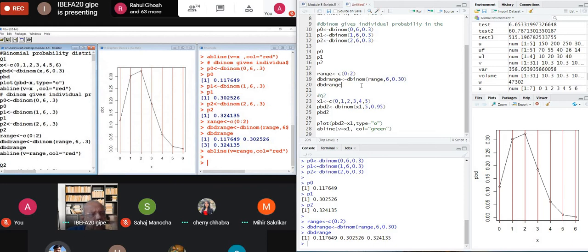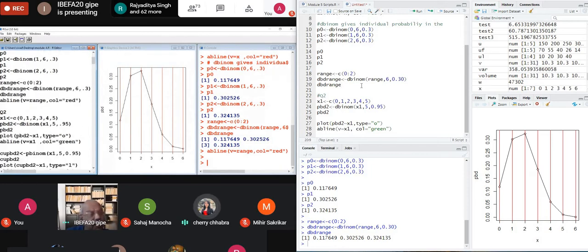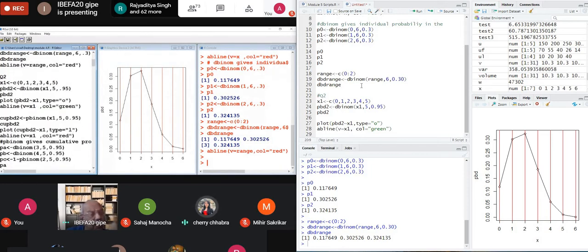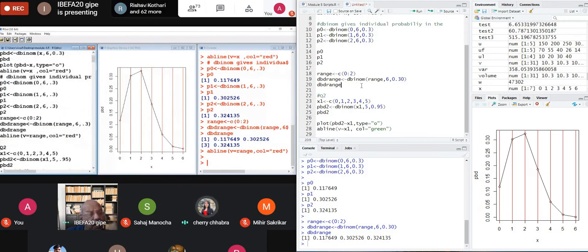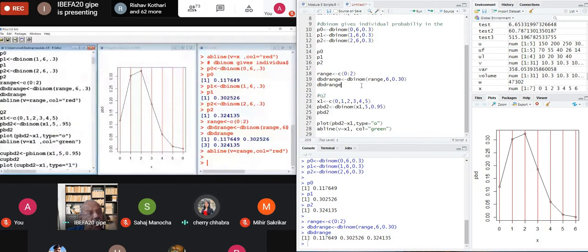What is D? It will be my range c(0, 2), that's correct: 0, 1, 2. Vertically, I want this. Let me check. Sir, if v is equal to the dbinom range, then I think we'll get the plot graph.